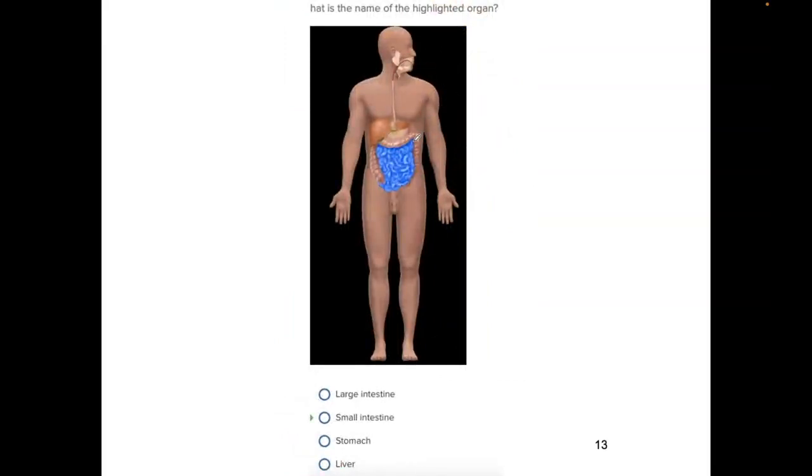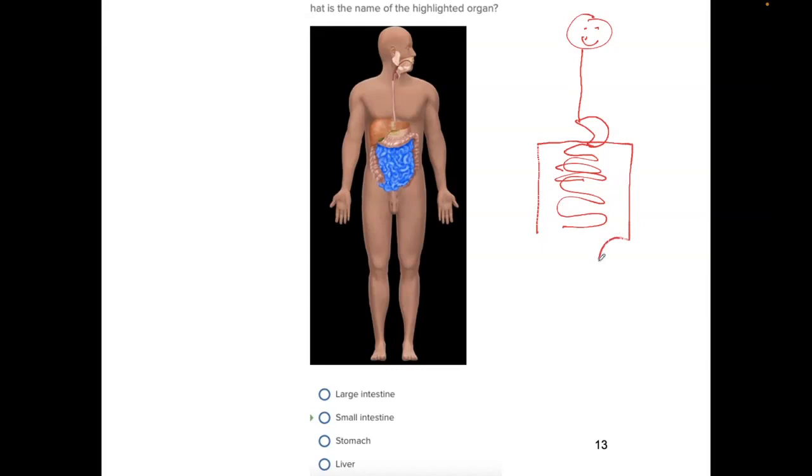Okay, now we're looking at the digestive system. And the way I describe this, let's say here's the mouth, here's the esophagus, then we have the stomach, then we have the small intestine, and then we have the large intestine. Okay, so I refer to it as what's blue is the small intestine.